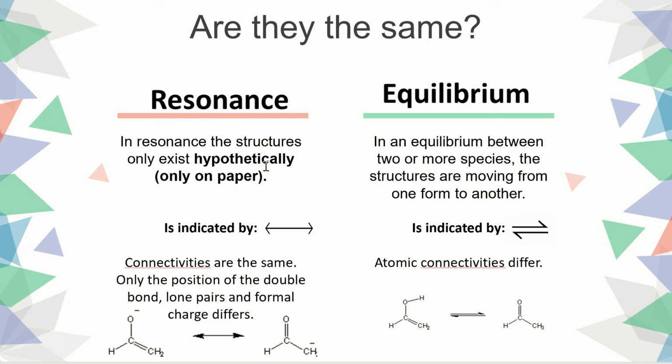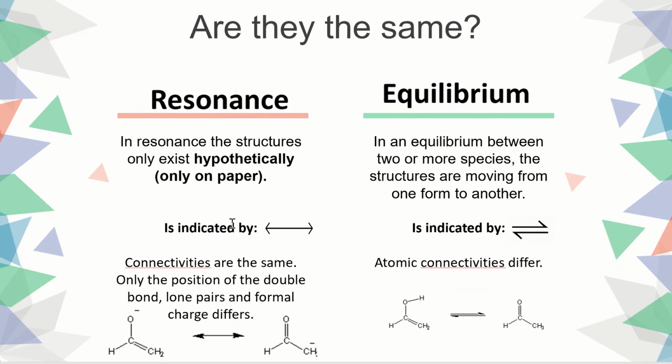Again, if we recall the dragon and the unicorn, they only exist on paper. While for an equilibrium, it's between two or more species, and the structures are moving from one form to another. So in other words, they don't only exist on paper.